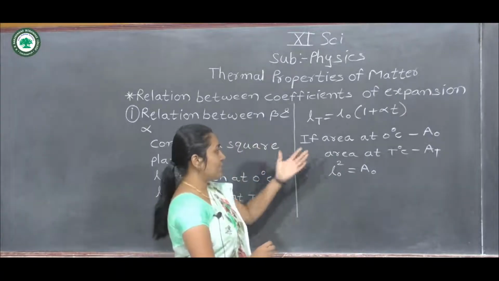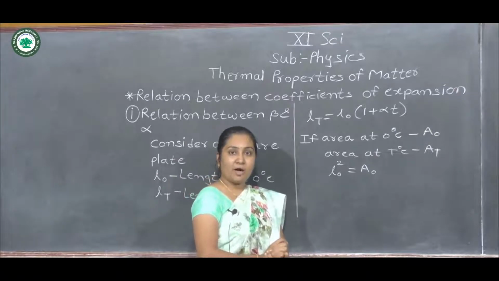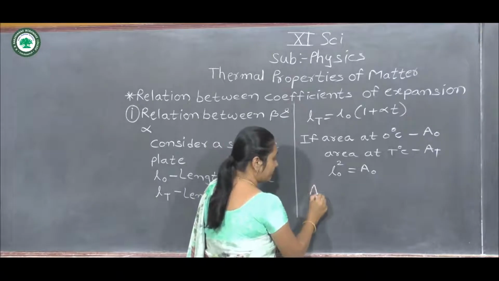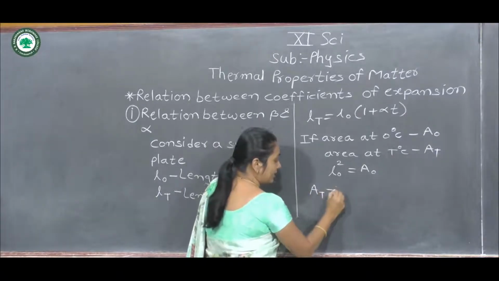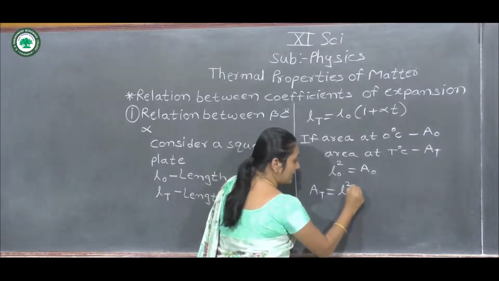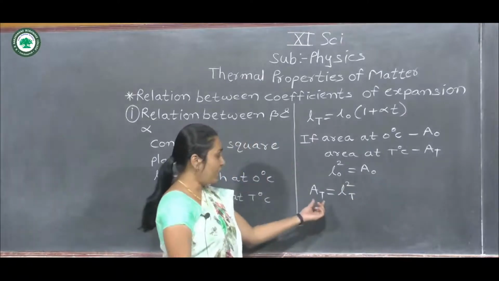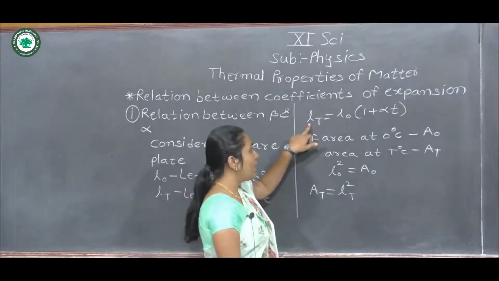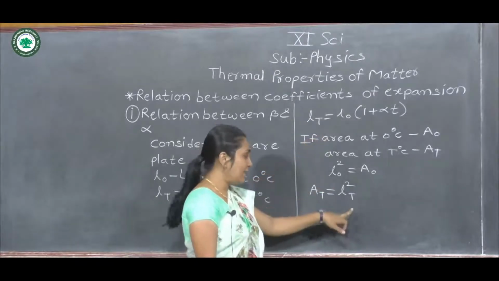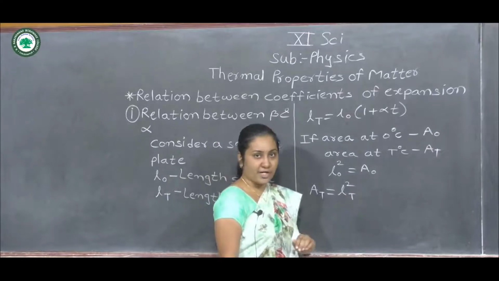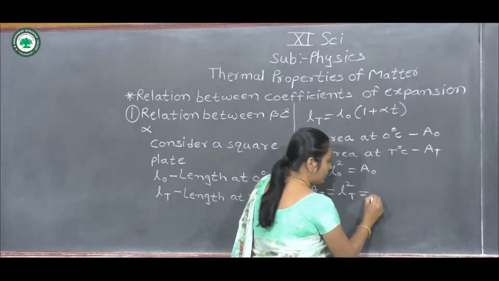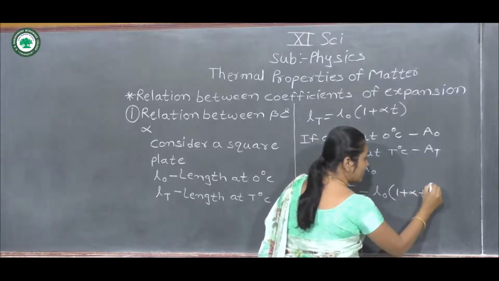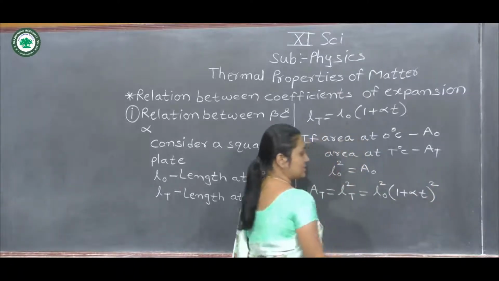Now we can find the area of the square plate at T degrees Celsius: AT is equal to LT square, which is equal to L0 in bracket 1 plus alpha T, whole square.